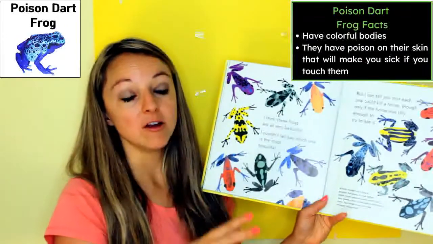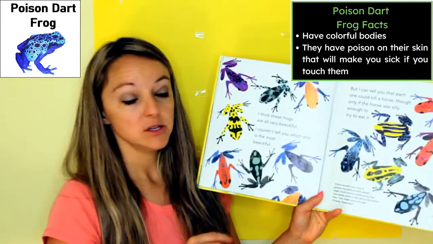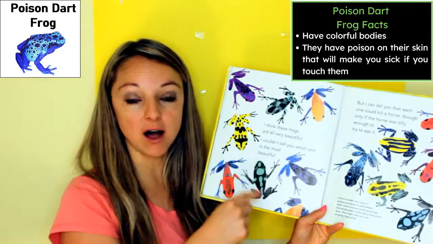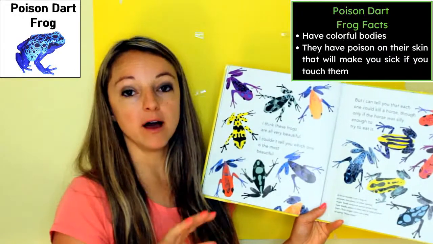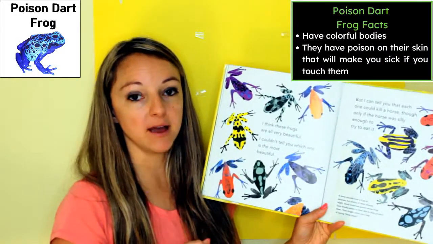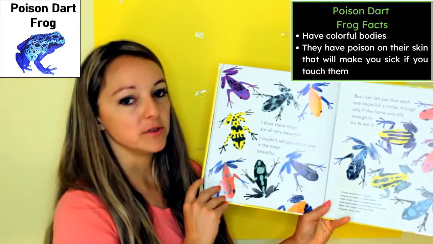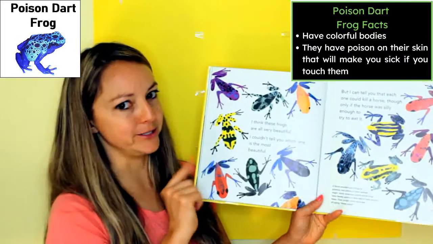And even for animals, they're very dangerous. So that's another cool fact about their color, is that their color will warn others, don't touch me, I will make you sick. So these are called the poison dart frogs. Look at them, but don't touch them.